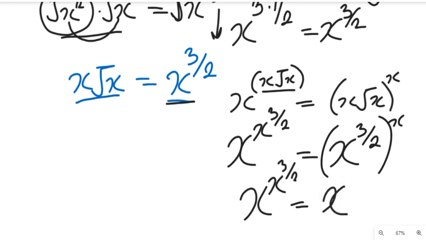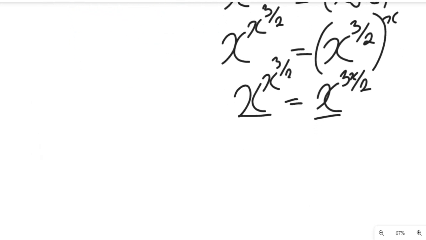So this will give us x to the power of 3x divided by 2. We have the same base. What will happen to the power? The powers will equate. So if the power equates, we are going to have x to the power of 3 divided by 2 to be equal to 3x divided by 2.